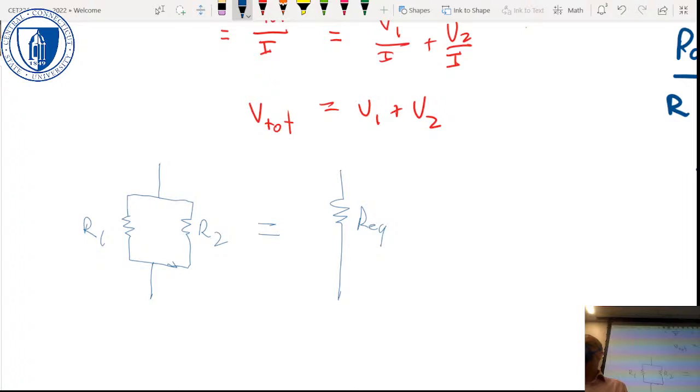The reason I suggest you avoid it is because I will sometimes give you circuits like this where we've got more than two.